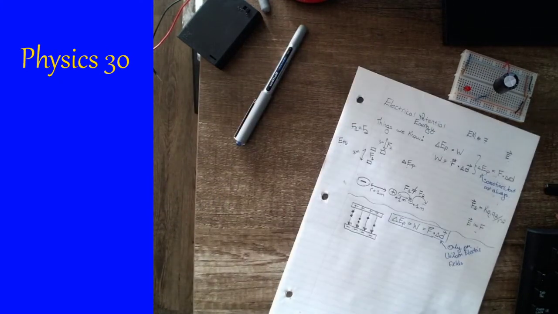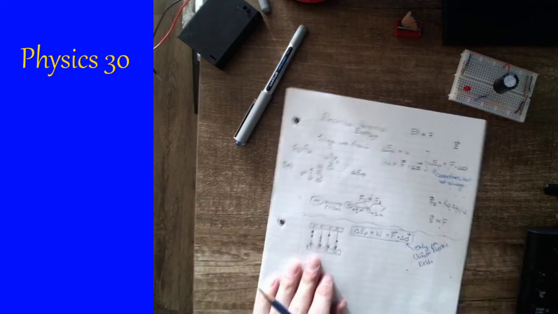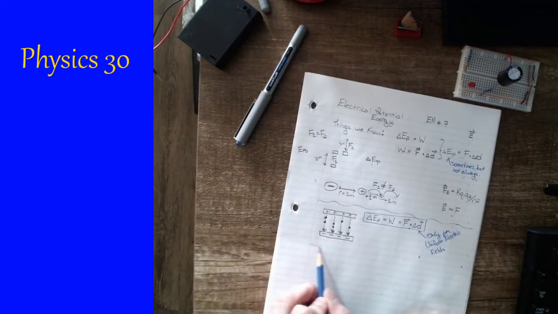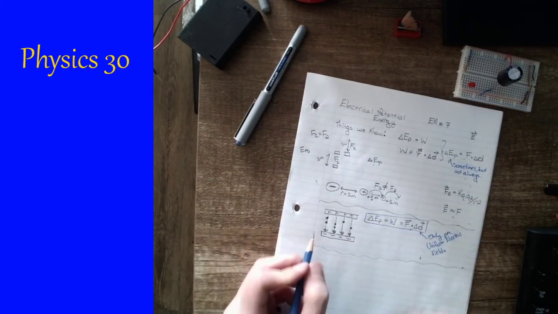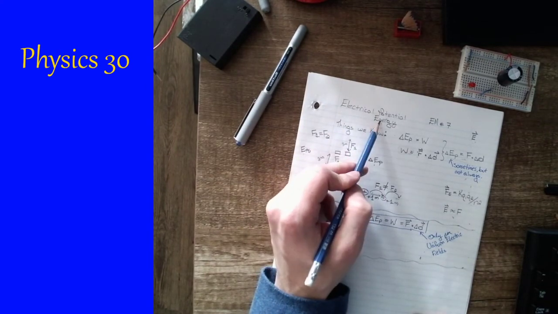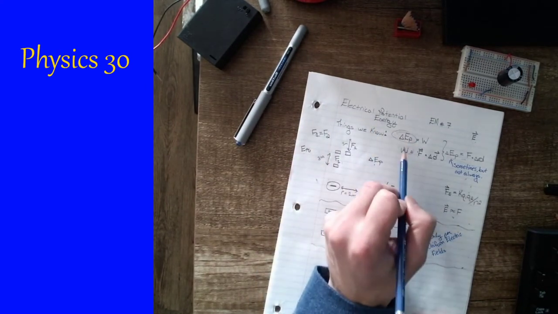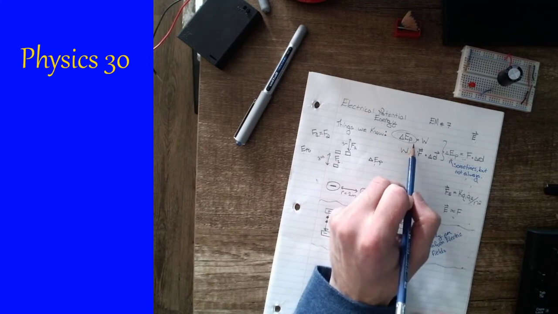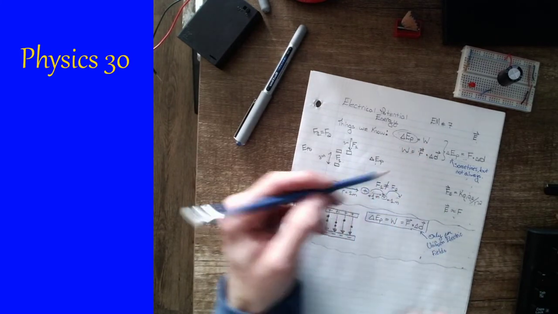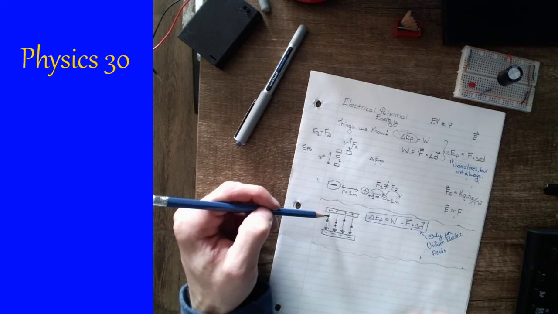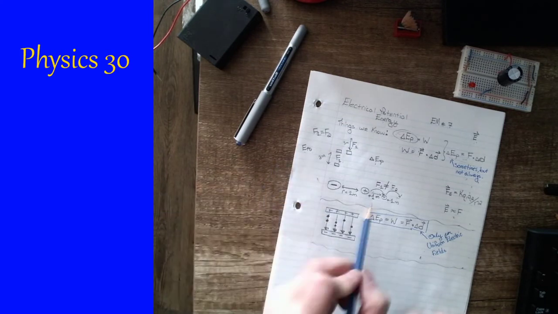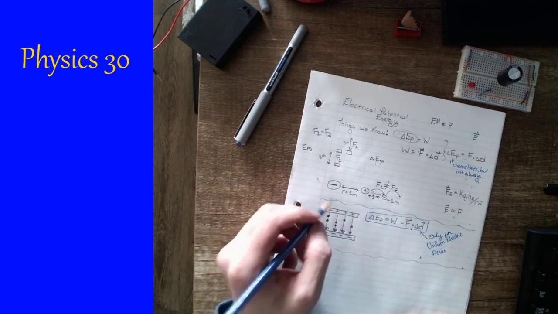The next thing we'd like to touch on is, again, this is going to get a little bit strange, but I think highlighting everything is really important. So electrical potential energy is this here, this delta EP, representing the idea that the energy of something actually changes when you change how far away it is from an object.